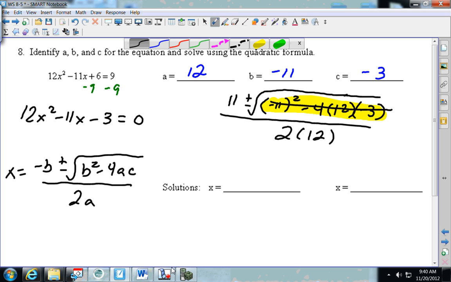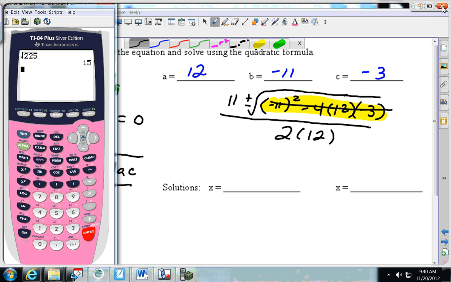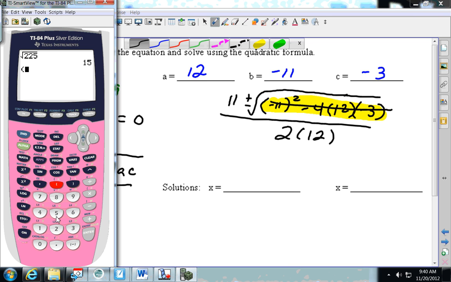So I'm going to go to the calculator and put in there -11 squared minus 4 times a is 12, times c is -3, and press enter. I get 265.